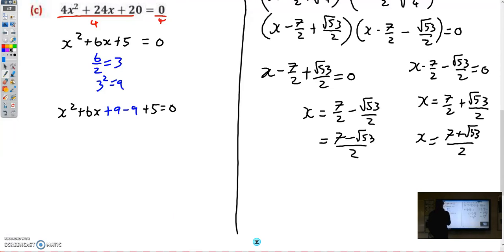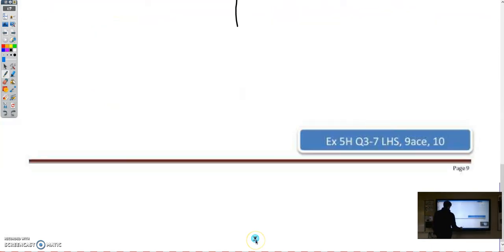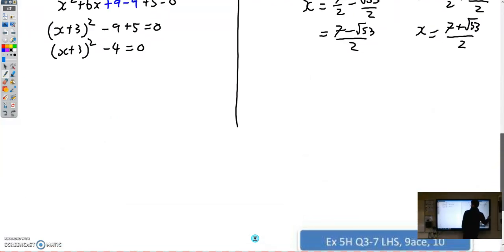From here, we are going to complete the square. We're going to have x plus 3 squared minus 9 plus 5 is equal to 0. X plus 3 squared, negative 9 plus 5 is minus 4, equals 0. We're going to use our DOPS to factorize. So we have x plus 3.